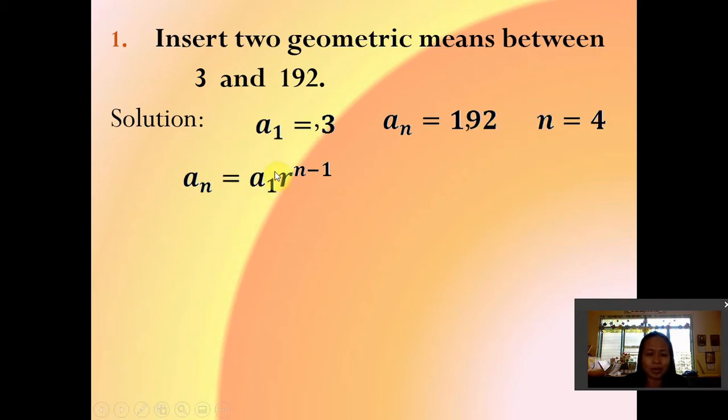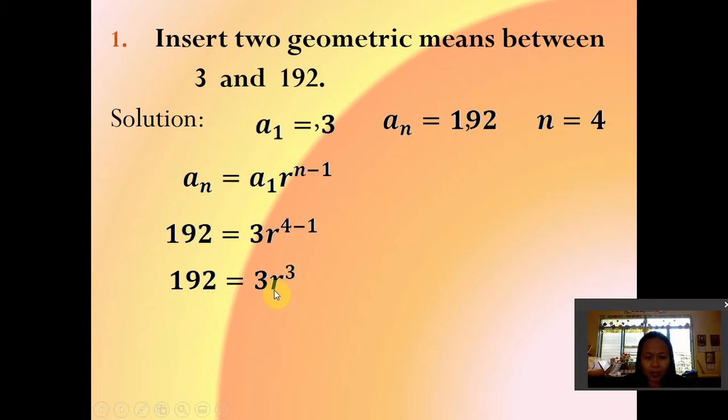Now, using this nth term formula of a geometric sequence, we are going to solve for the common ratio, since the common ratio is not given. Substituting, our nth term is 192, our first term is 3, r is unknown, and n is 4. Simplifying, 4 minus 1 is 3.